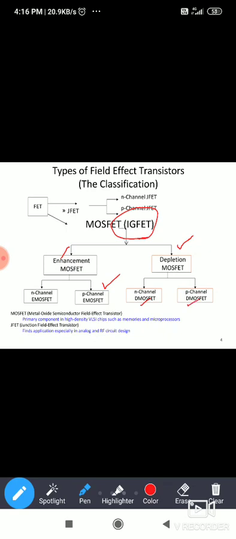In integrated circuit technology, we prepare only MOS transistors, compared to JFET or BJT. Why we are using only MOS transistors is because of small size, and power consumption is also very less.